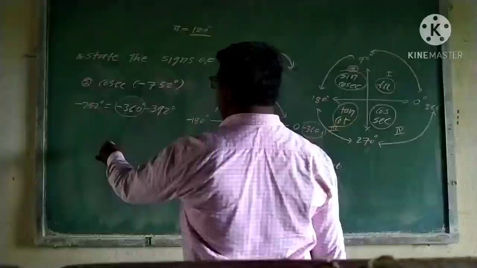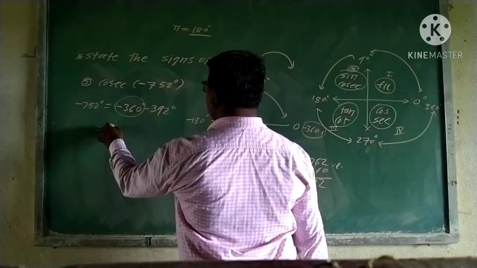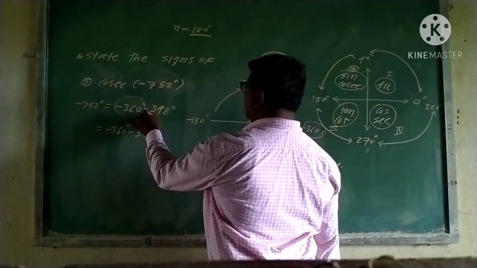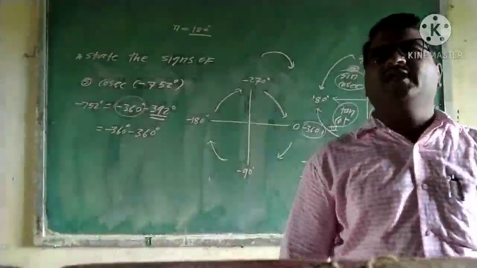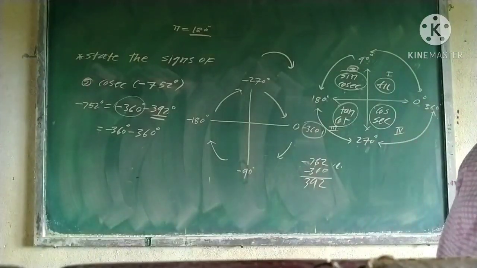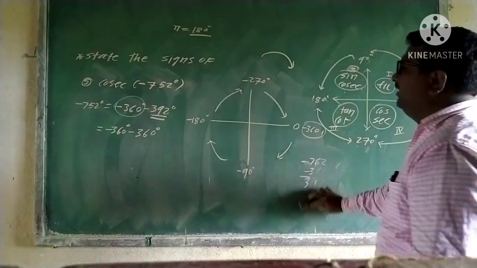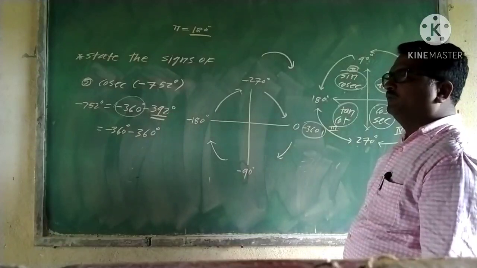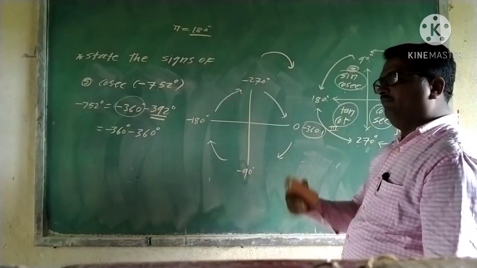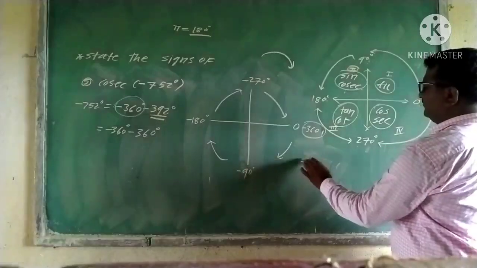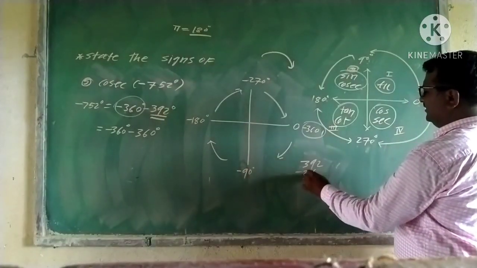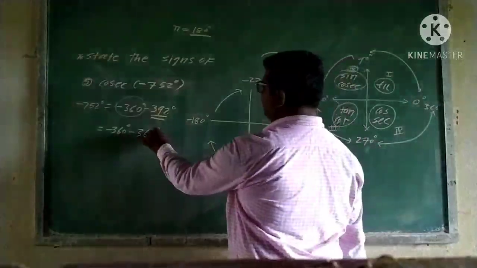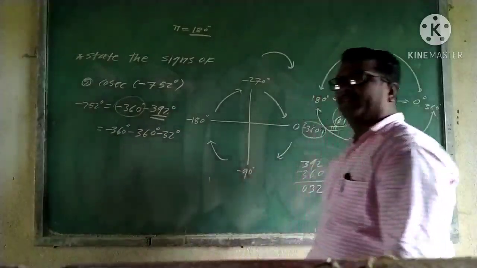So we can write minus 360 degree minus 360 degree, because minus 392 degree is greater than 360 degree. Minus 392 minus 360 gives minus 32 degree.